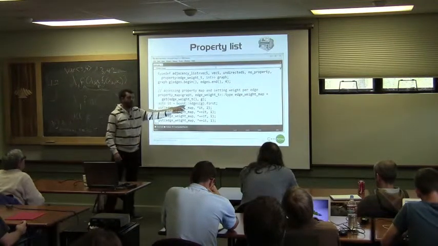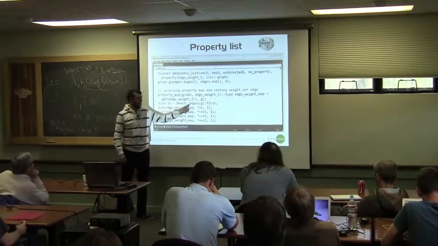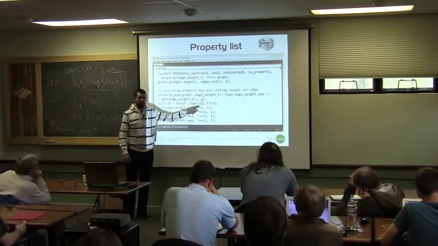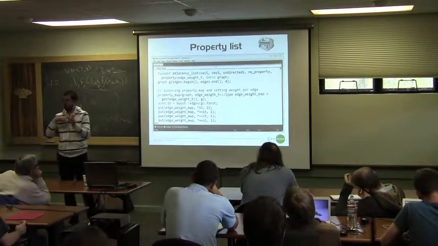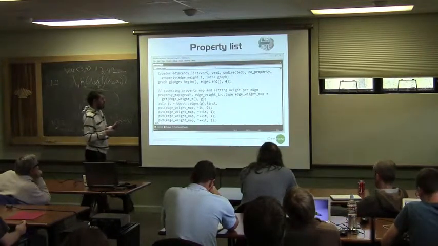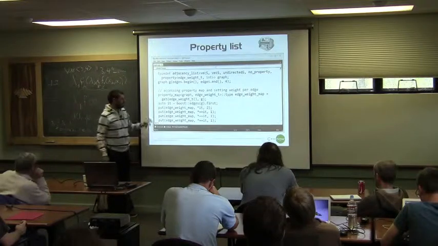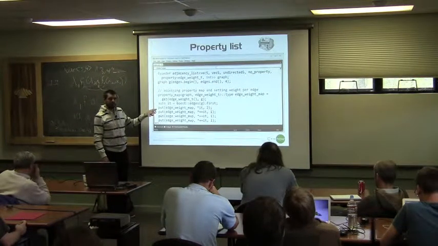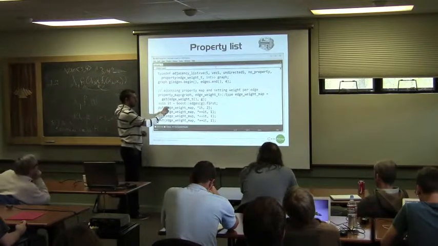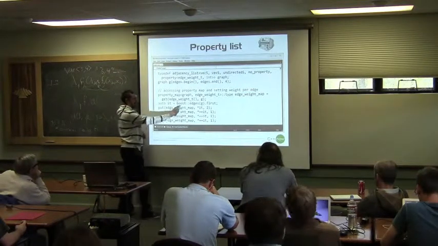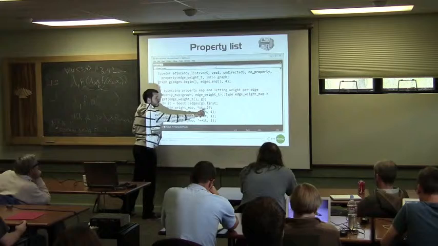And now I need to get all my edges first, so I call the edges function. The edges function returns a pair of iterators, which I used before just to iterate over all the edges. What I do now, I take the iterator, I call another function called put, and I say, please put into that edge weight map for this edge the weight 2.